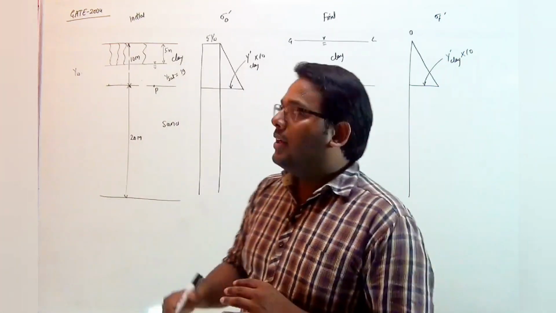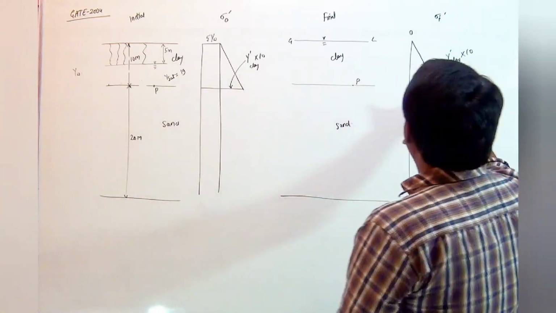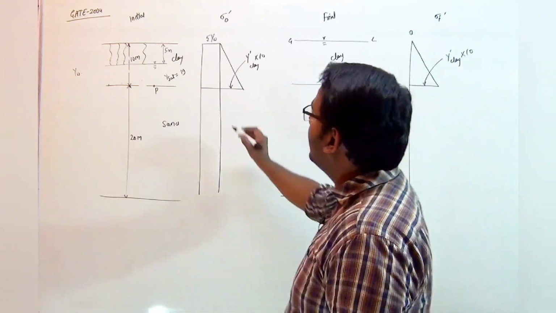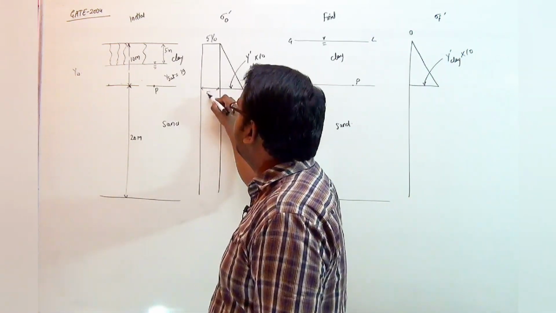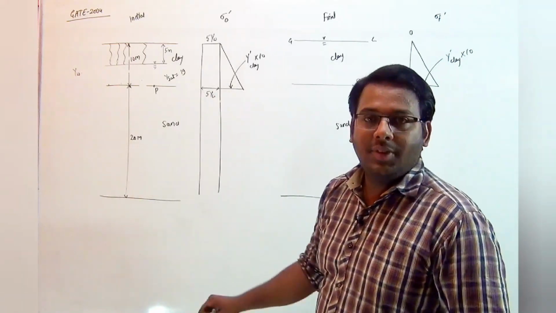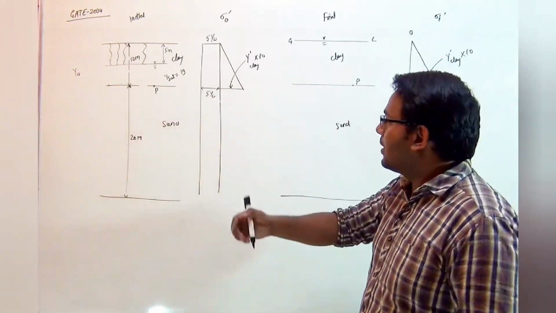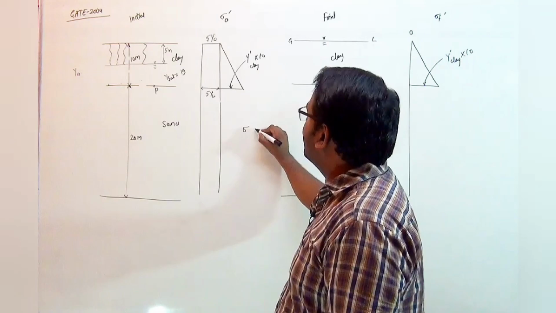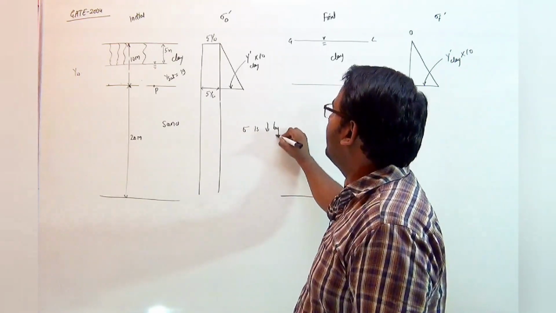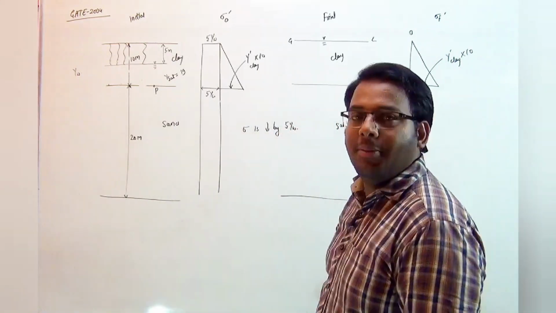But if you compare the initial and final effective stress diagrams, you can see that this part of 5 gamma W is now missing in the final diagram. Hence, you can say that the effective stress is decreasing by a value of 5 gamma W.